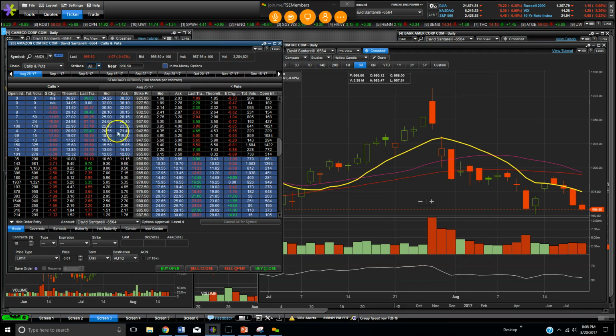So if we look here, the 960 strike, that's this one right here, highlighted in the blue, it has a bid of $9.30 and an ask of $9.60. It last traded at $9.70, but obviously that's higher than the asking price, so this is an older trade that last traded. So theoretically, it's saying here we're going to get this for about $9.45.